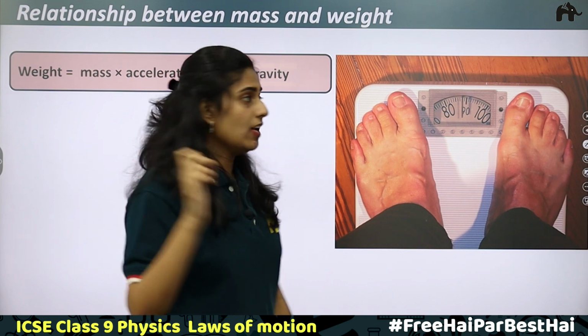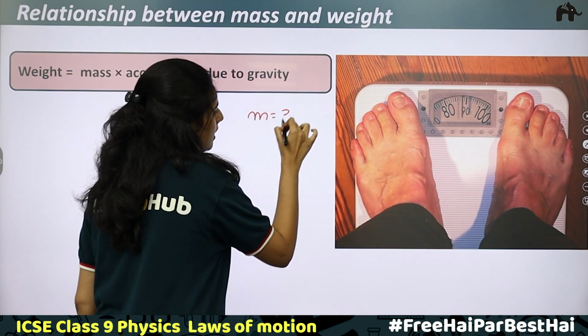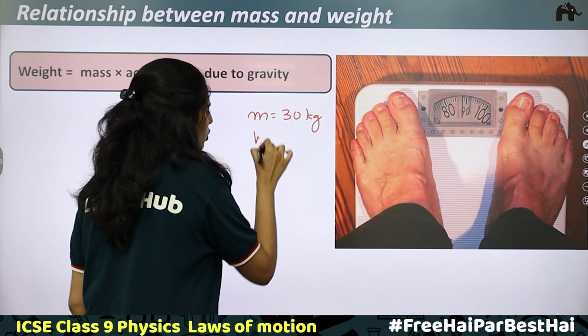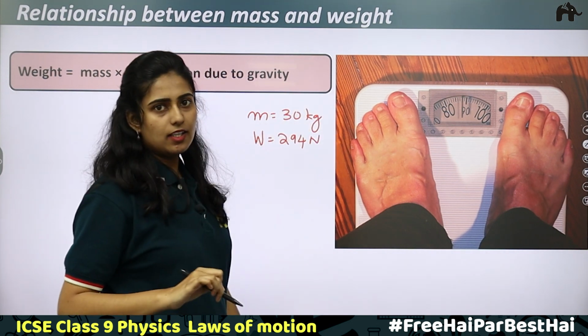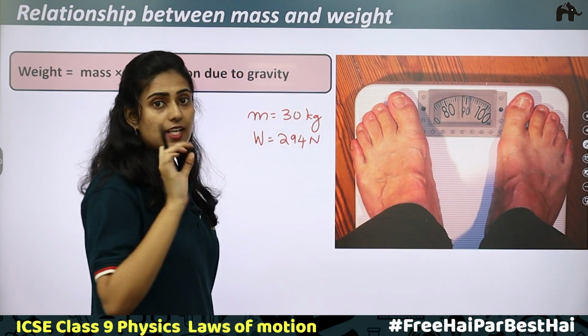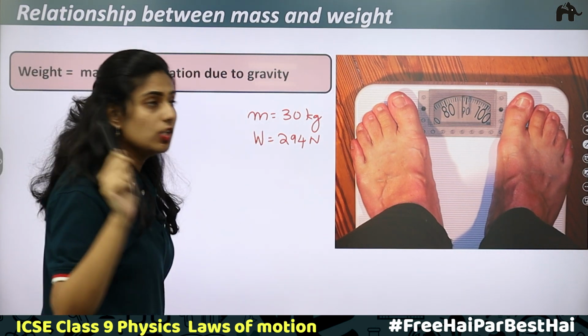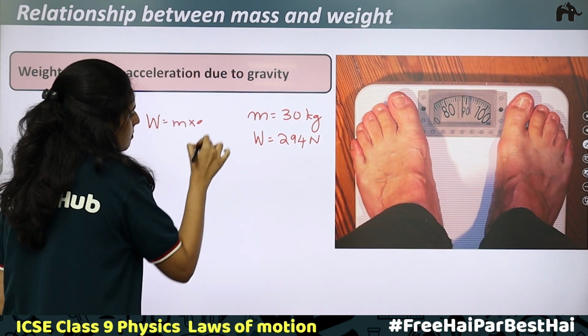Why is it? We said in the first example, the mass of the boy was 30 kilogram. When measured on Earth, we got the weight to be equal to 294 Newton. What has happened here? Here the weight is calculated. Weight is equal to mass into acceleration due to gravity, W is equal to m into g.